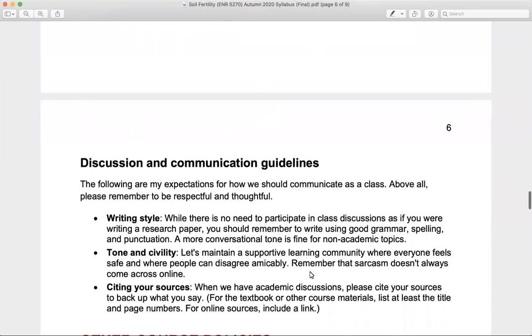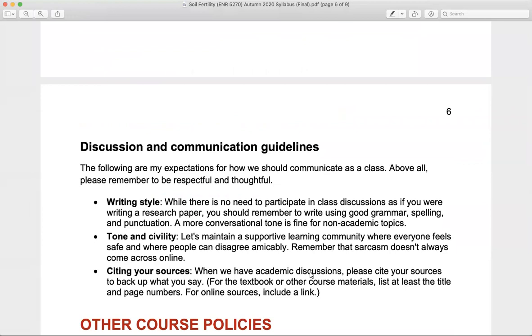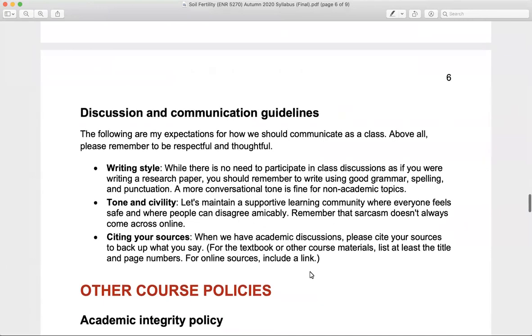Some common language I'm sure you've seen in other syllabi that you've encountered this semester or in previous semesters, but thinking about tone and civility and writing style, we're just trying to keep things professional. And this is not a text message forum where you're texting with your buddies or whatever, your friends.